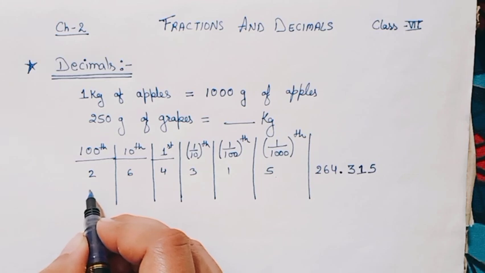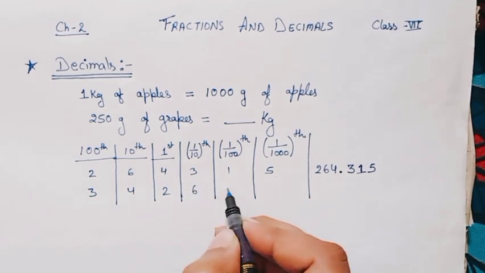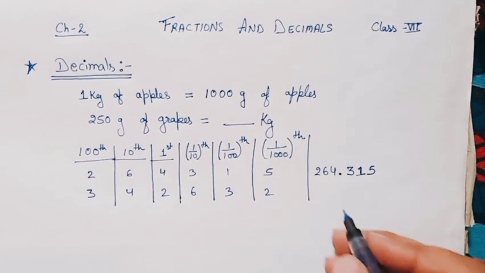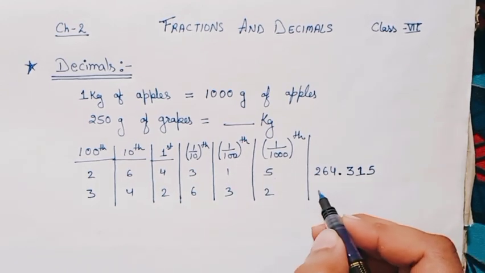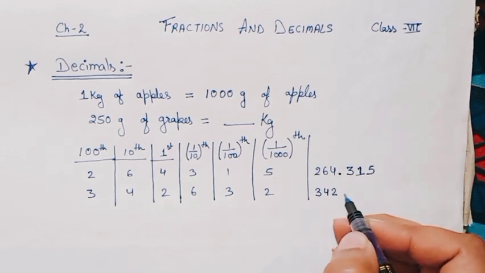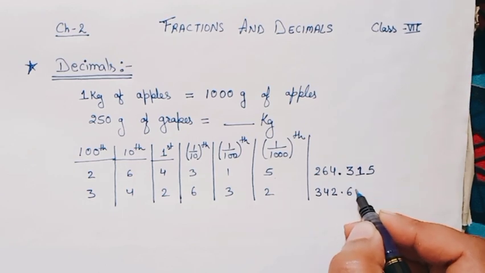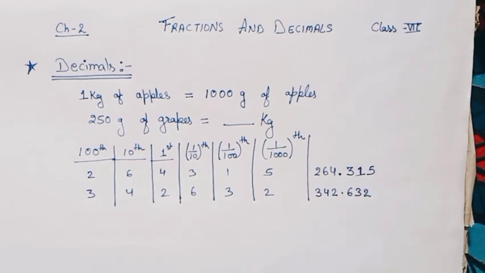Suppose I'm giving some more examples: 3, 4, 2, 6, 3, 2. How will we write it? It will be written as 342.632. So that is the idea.